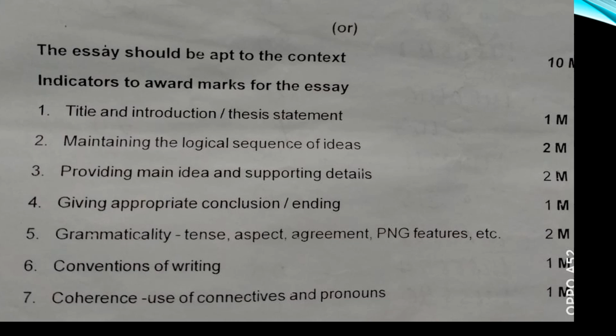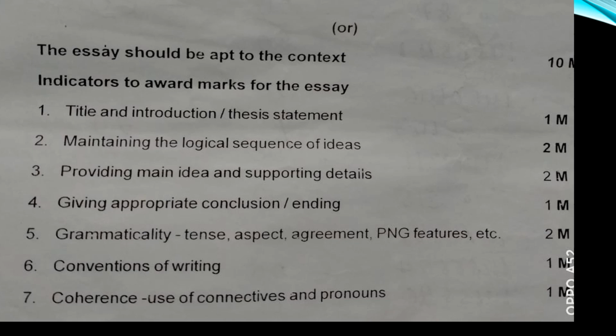This includes 1 mark. Here, all these 6 marks are allotted for your complete essay, but for the remaining 4 marks, please keep an eye on the last 3 points.